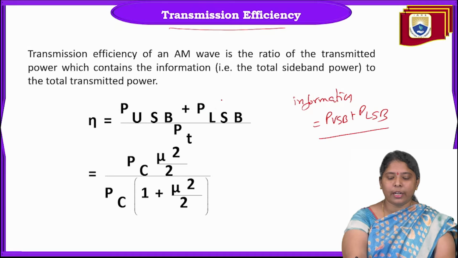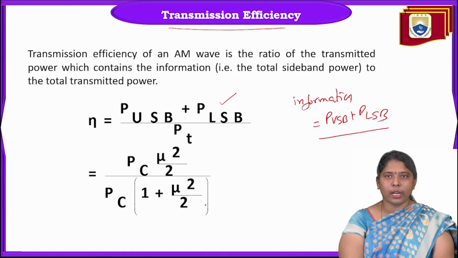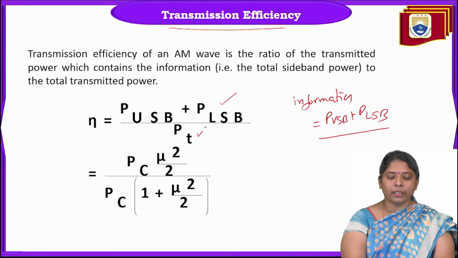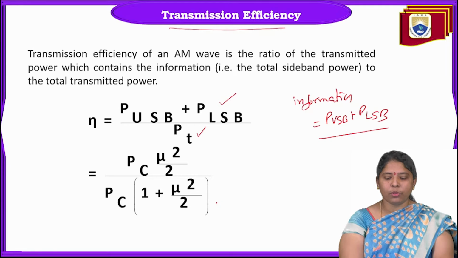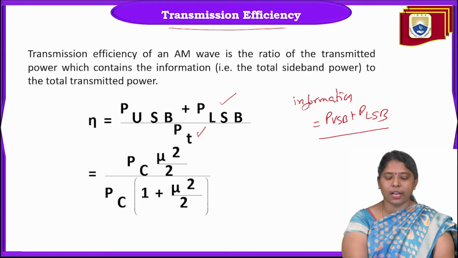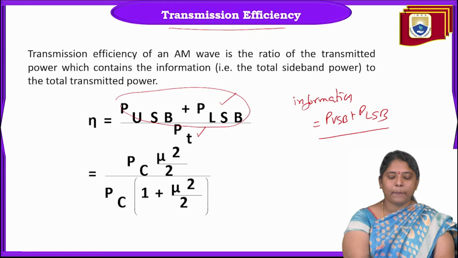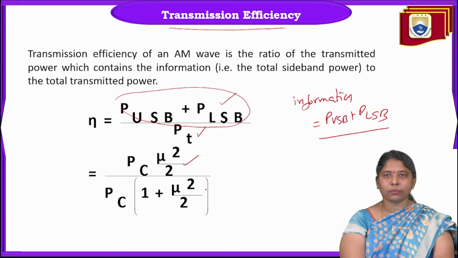The information-containing power is the upper sideband plus the lower sideband, and the total power is PC into (1 plus mu square by 2). As we know, the sideband power is PC into mu square by 2 and the total power is PC into (1 plus mu square by 2).